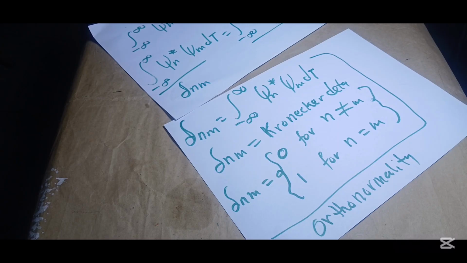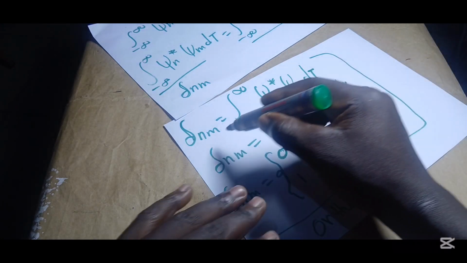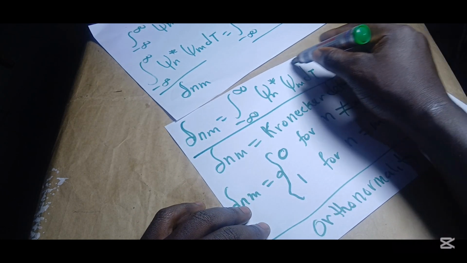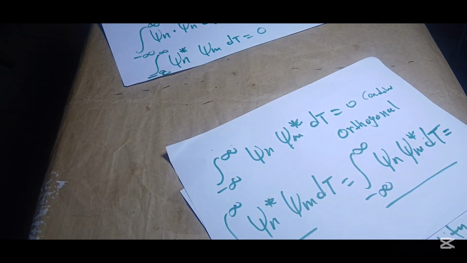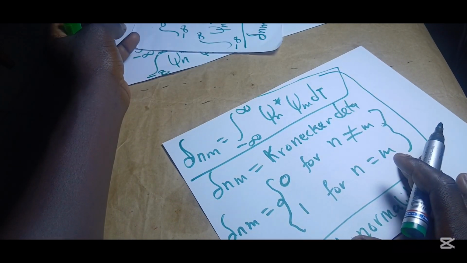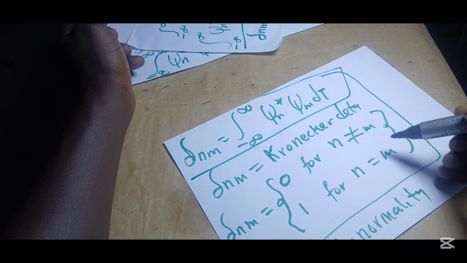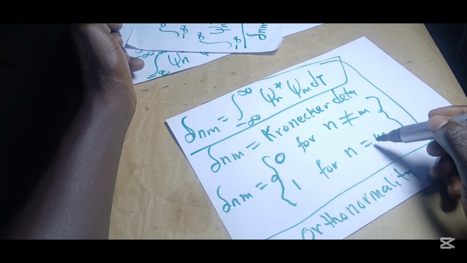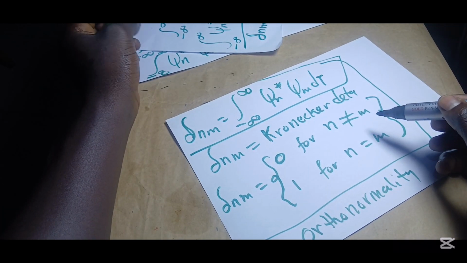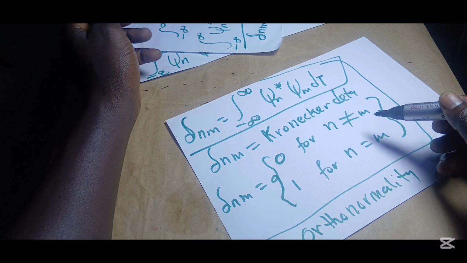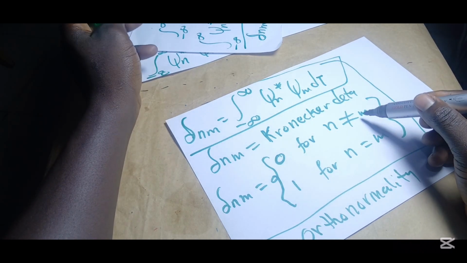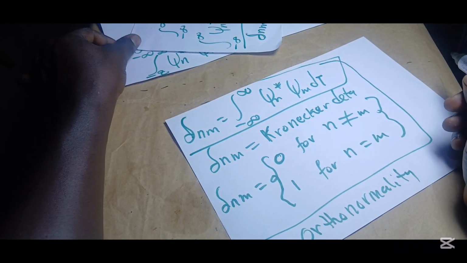Wave functions that satisfy this are said to be orthonormal to each other. So that is what you should know here. If you integrate and the result gives you 1, it means the two wave functions are equal, identical. But if the result gives you 0, then n and m are not equal. The two wave functions are not identical.